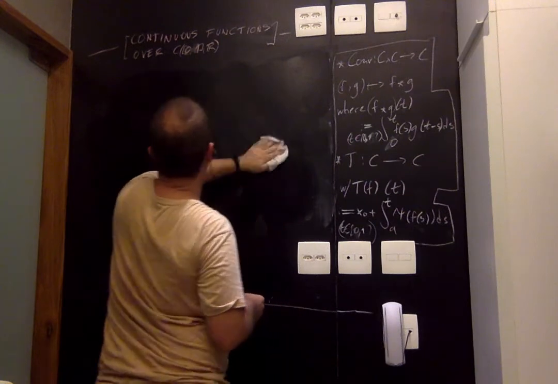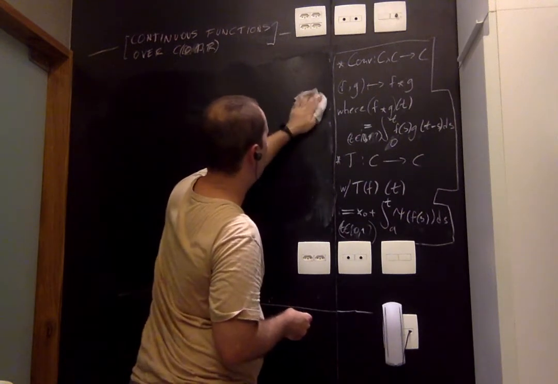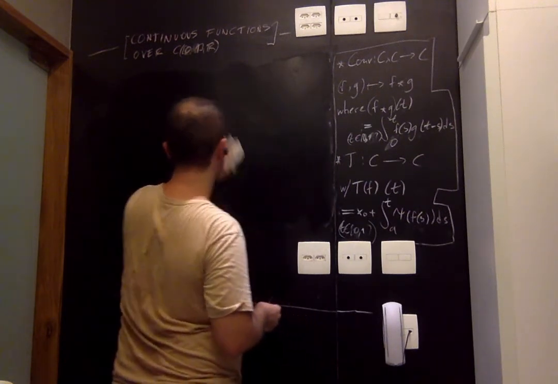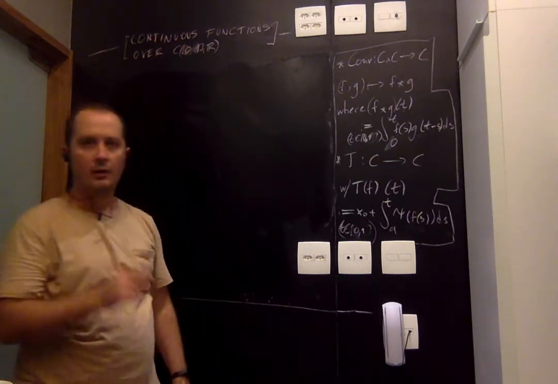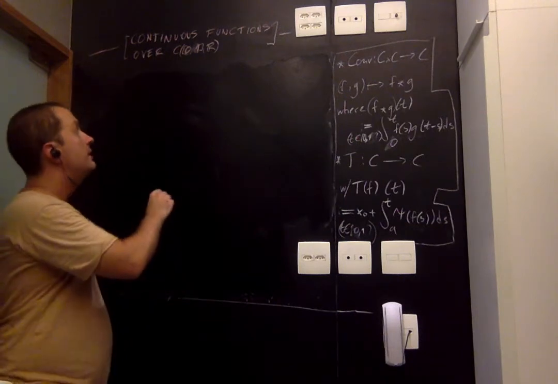I'm going to present this one as a sketch. It is going to be in a later homework assignment. But I mostly want to explain to you why this is interesting.